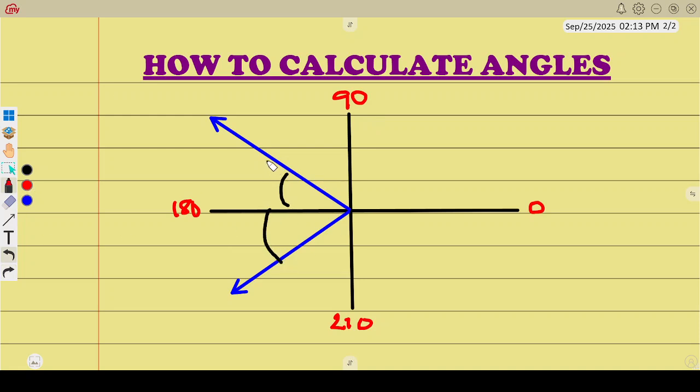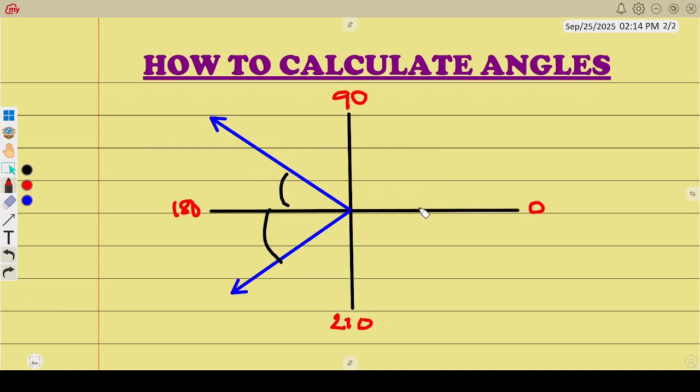Whenever you are given an angle which is here and you want to find the components, the resultant, you start from here till you touch the resultant vector. At this point, you simply say 180 minus whatever angle is here. So just subtract from 180.